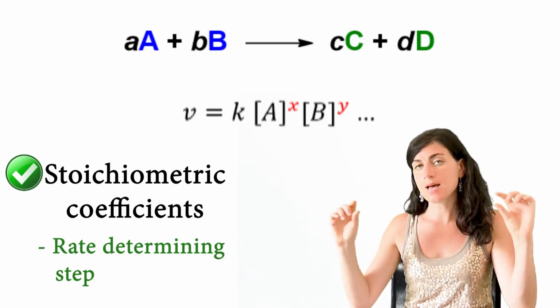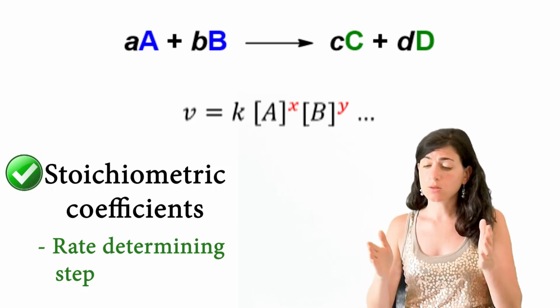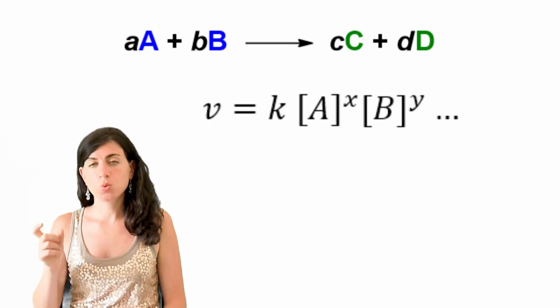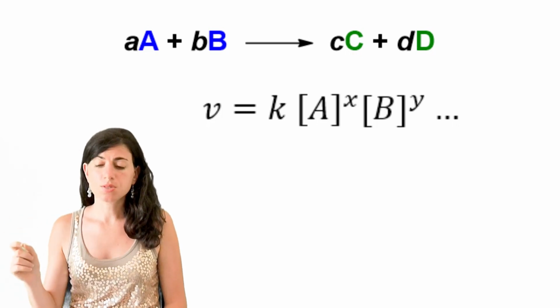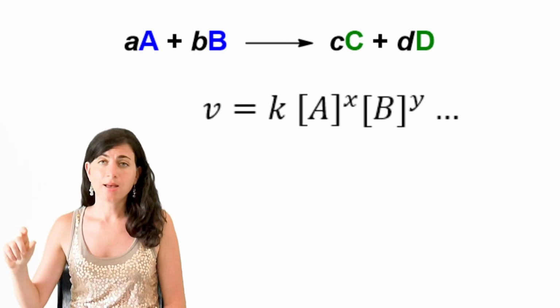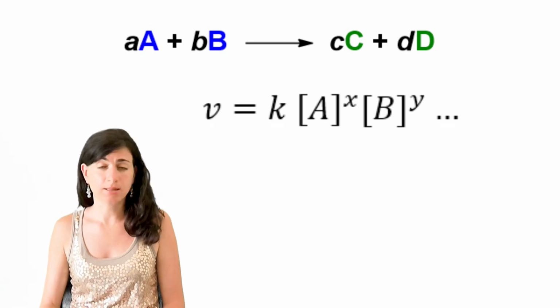But the rate determining step is something we will talk about in my next video, when we talk about mechanism. As you can see, the equation is written with ellipses because it's experimental and one cannot know how many and also which reagents will be part of the kinetic law.